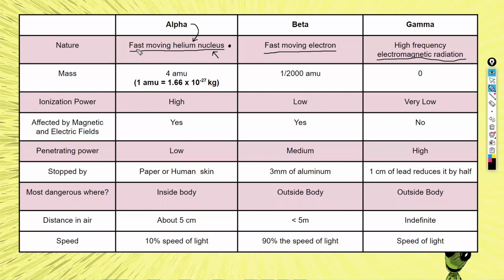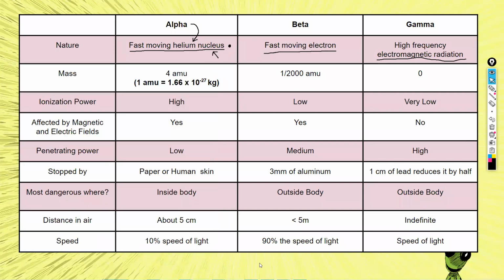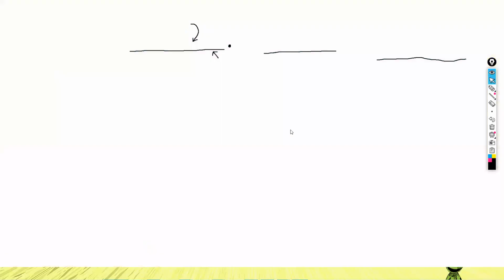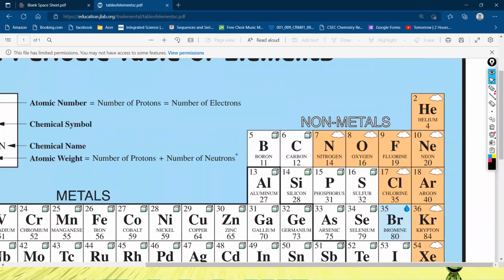Let me explain this one first. I said that alpha is a fast moving helium nucleus. So let's move to the periodic table. If we slide across the periodic table to the end, you will see something called helium. Tell me something: is helium considered dangerous?